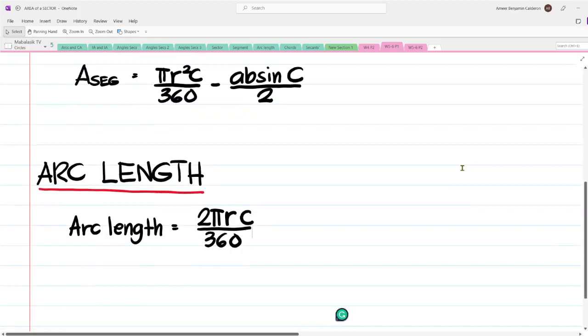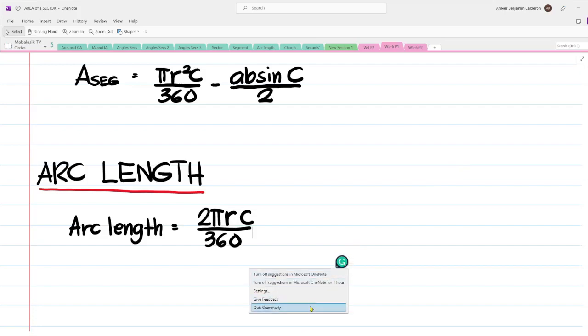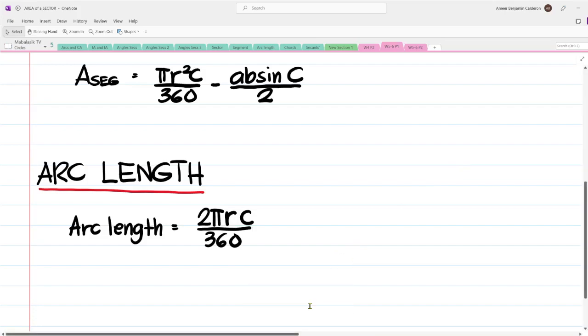And then arc length: 2 pi r, that's the formula for the perimeter of a circle, times C, the central angle, over 360, the measure of the full circle.